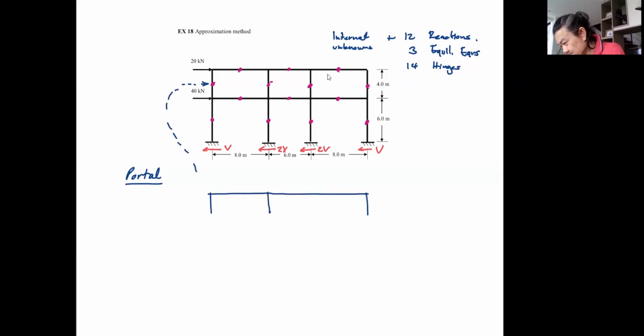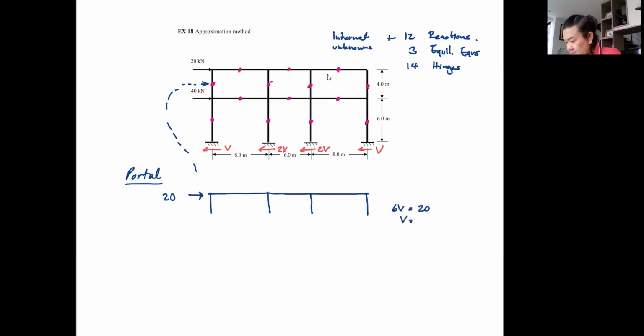Now I know this is 20. And now I have the total of V here is 6. So I can say 6V is equal to 20.